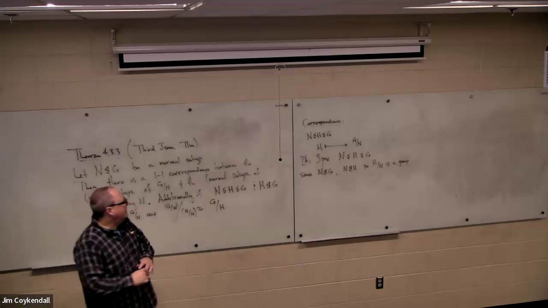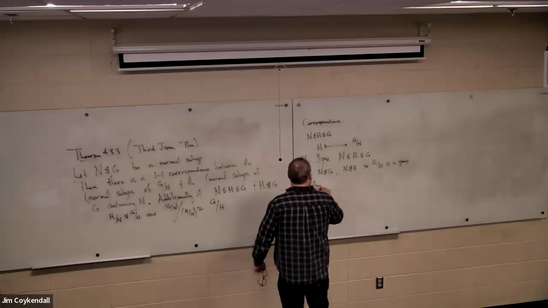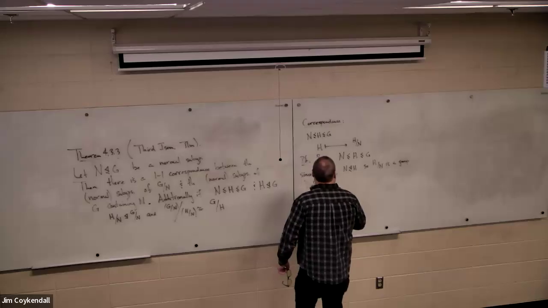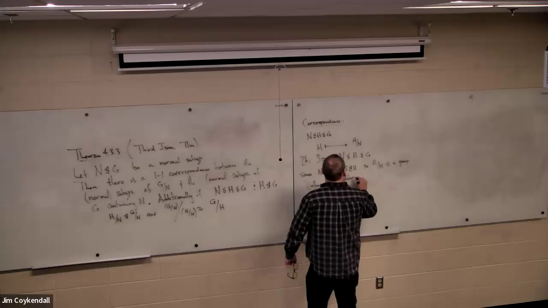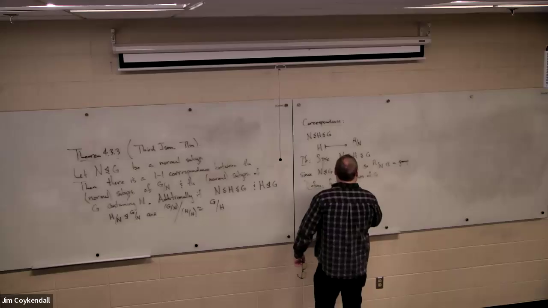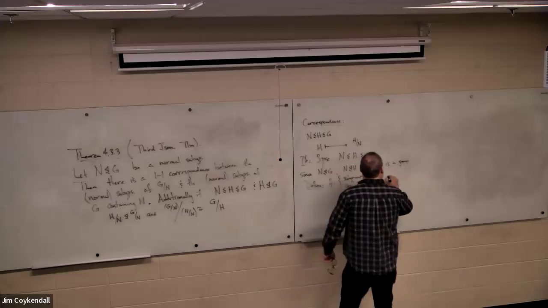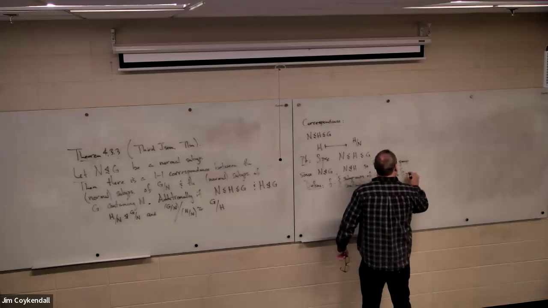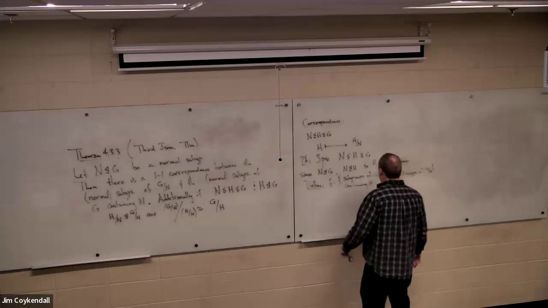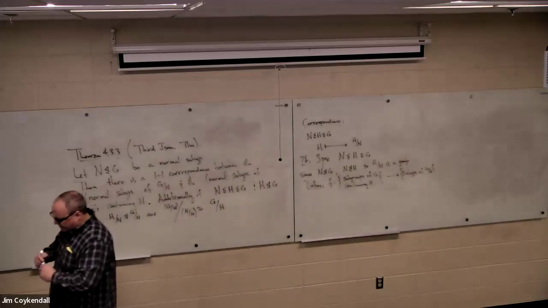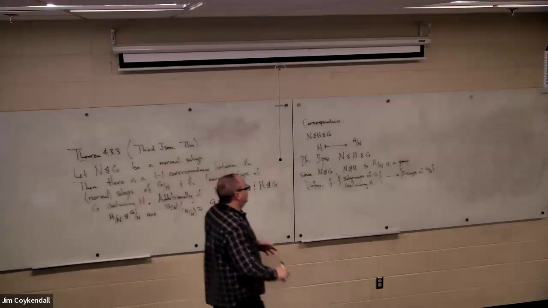And I am going to define F from the set of subgroups of G containing N to the set of subgroups of G mod N. So this is going to be my correspondence here.